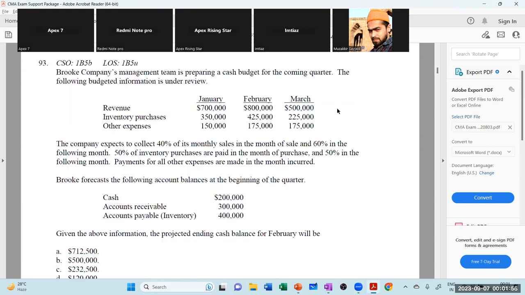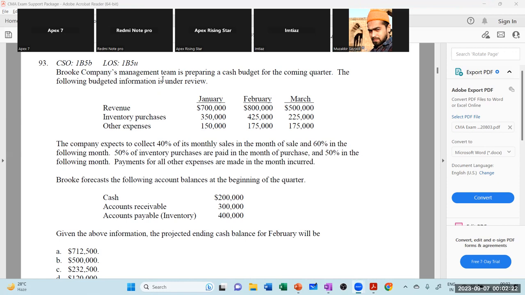Question number 93. Brook Company's management team. This is a big question. Brook Company's management team is preparing a cash budget for the coming quarter. The following budgeted information is under review: revenue, inventory purchases and other expenses.